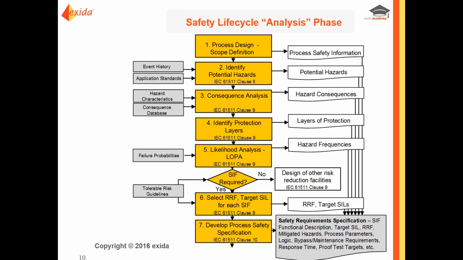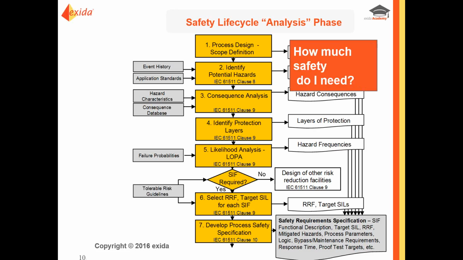We need field failure data throughout the entire safety life cycle. In the analysis phase of the safety life cycle, where we ask the question, how much safety do I need? We need process event data to help us identify potential hazards. In other words, what can go wrong?